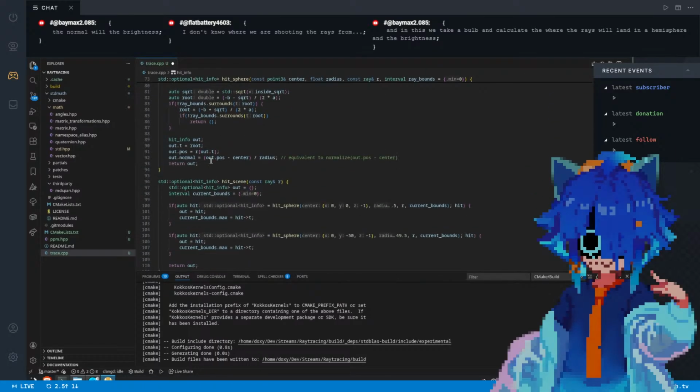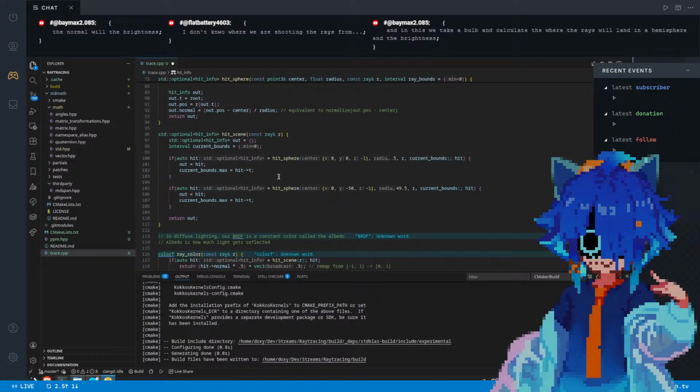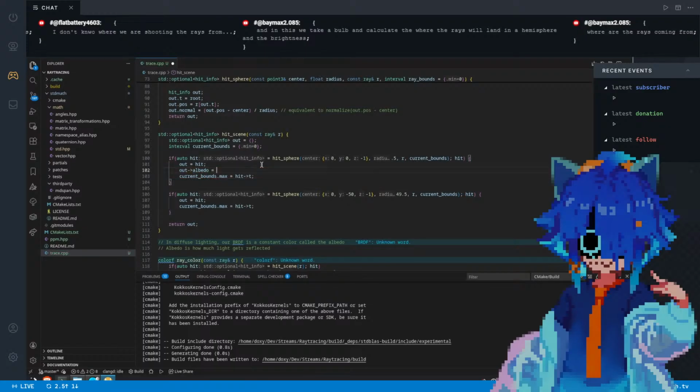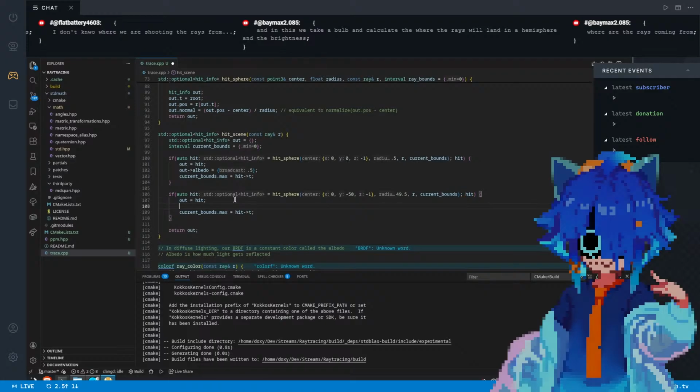Now in our scene, we can set albedo equals, say, 1, 0, 0 for a red albedo. Although we're just going to set it to a half gray, so 0.5 gray. And then we're going to set the ground to a slightly darker gray, so an albedo of like 0.3.